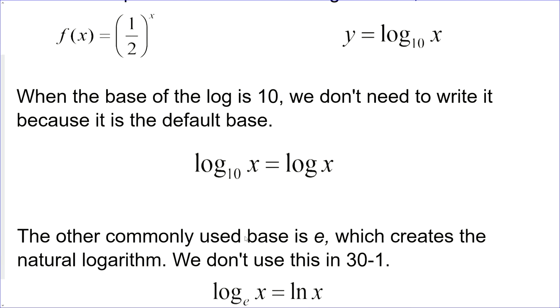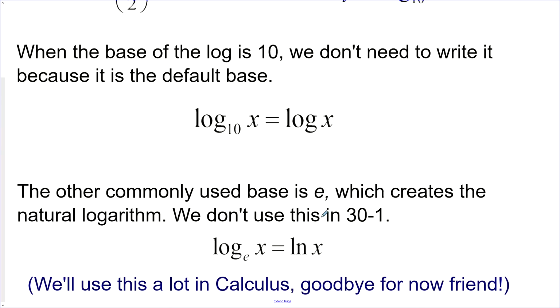The other commonly used base is base e, which creates the natural logarithm, so we write ln. We don't use this in 30-1, but we do use it in calculus, and IB uses it a lot. So you'll see this button on your calculator, the natural log of x, and it just means that the base is e, which is a constant something like pi, an irrational constant.